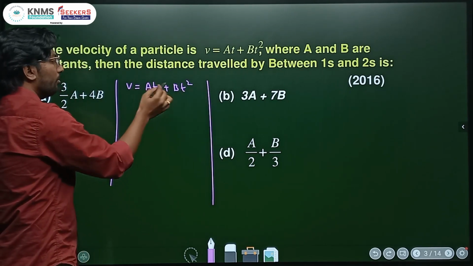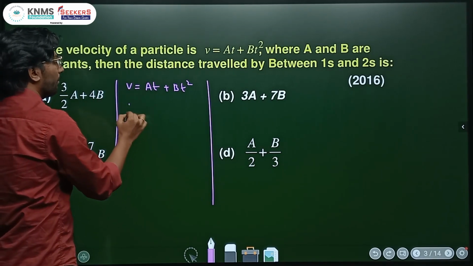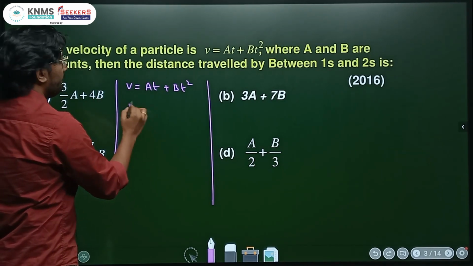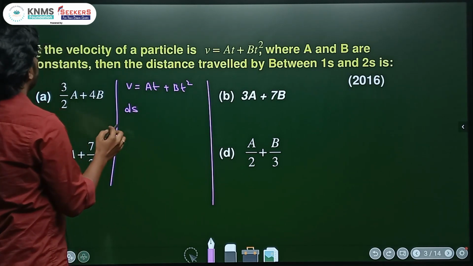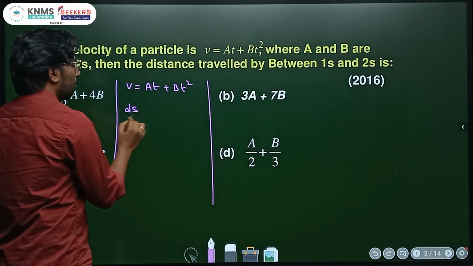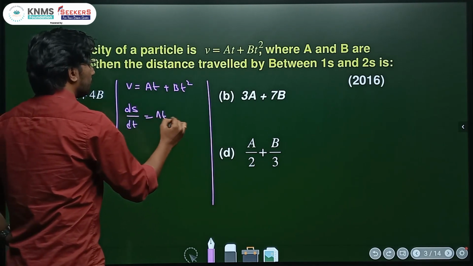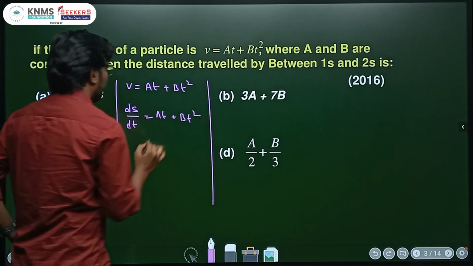Integrate this in order to get the distance. Write velocity in its differential format, that is ds by dt, and it is moving in one particular direction, so you can write it as ds by dt equals at plus bt square.